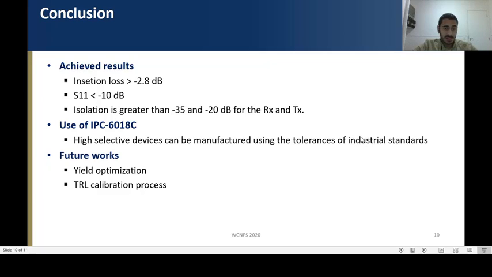Additionally, the use of the IPC-6018C guarantees a reliable manufacturing process to fabricate highly selective devices. As future work, yield optimization could be performed to improve the performance of the circuit, and TRL calibration could be performed to remove the nonlinearities of the measurements.